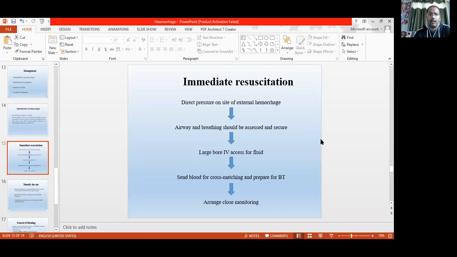Along with A and B, the C means circulation. To secure the circulation, you give a large bore IV cannula to get IV access and start giving IV fluids.